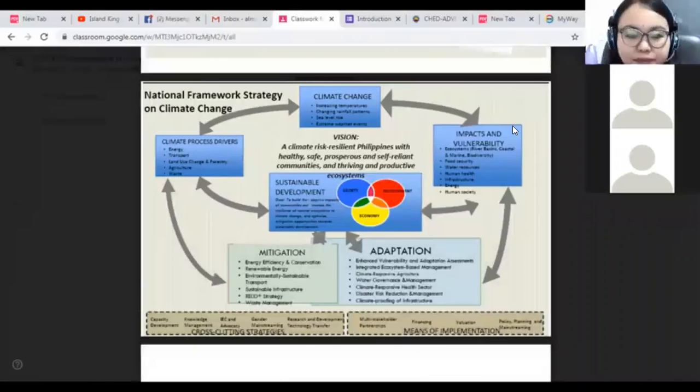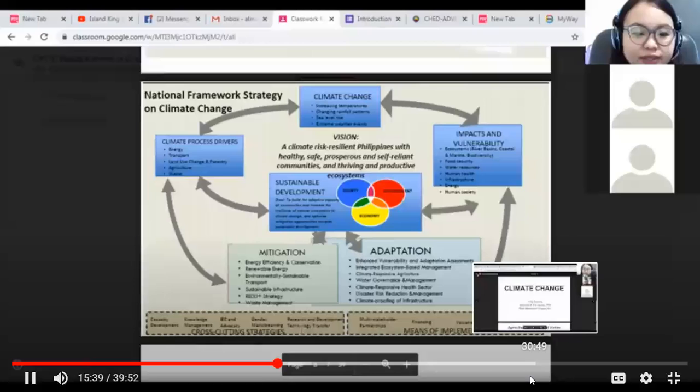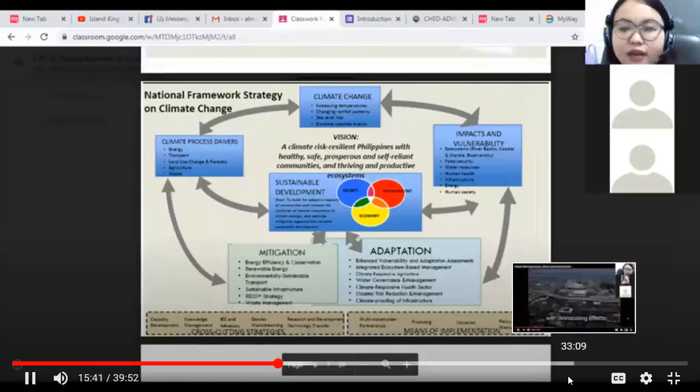These are the cross-cutting strategies and these are the means of implementation.